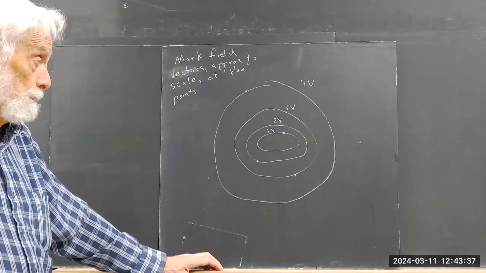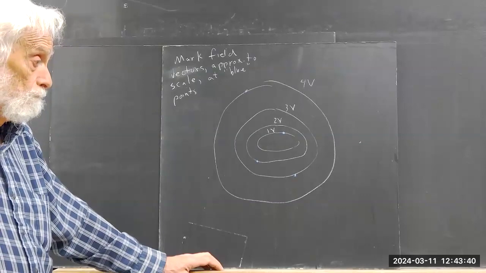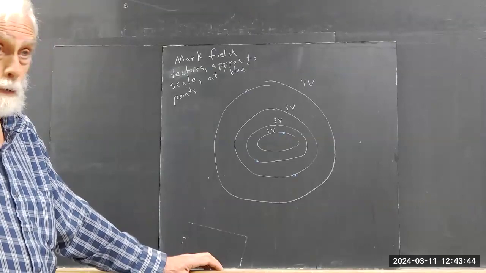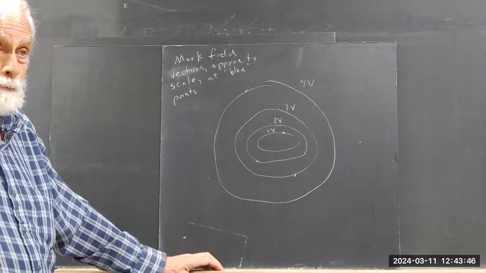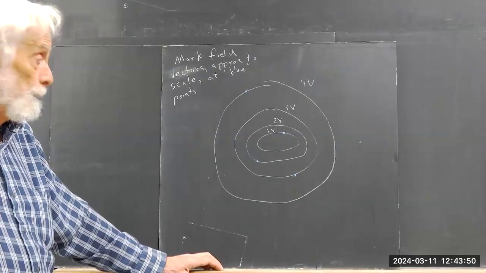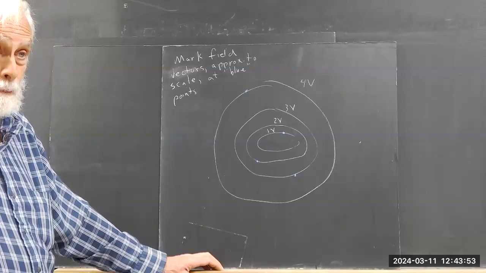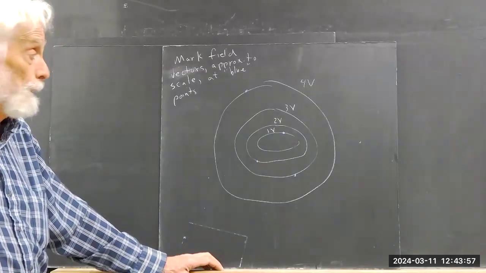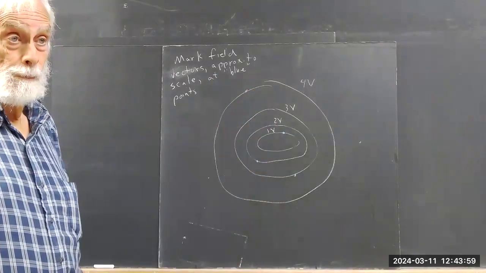So one of the units of electric field, I got this immediately, is newtons per coulomb. That's fine, but also volts per meter. And volts per meter is the unit concept that allows you to reason this out.